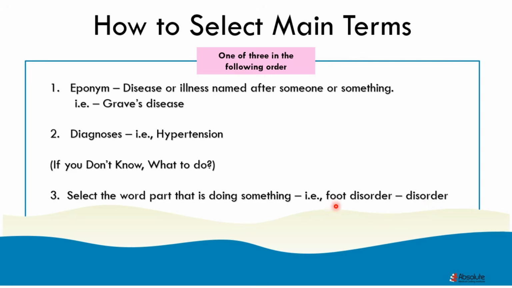But think about it. A foot is not doing anything. It's a noun. It's just sitting there, right? A body part typically can't do anything. However, this is not the only way to look up terms. You could very possibly find your code by selecting foot, then disorder.